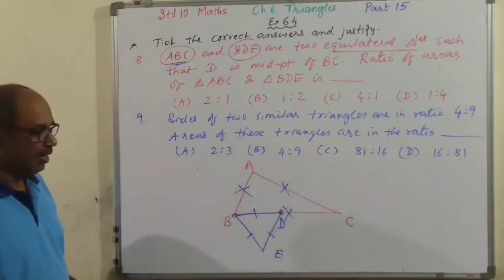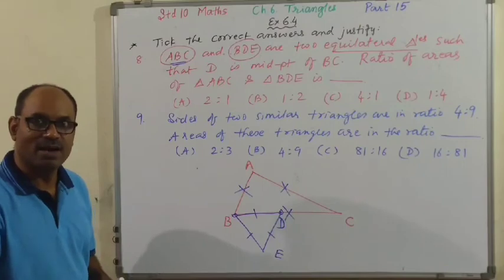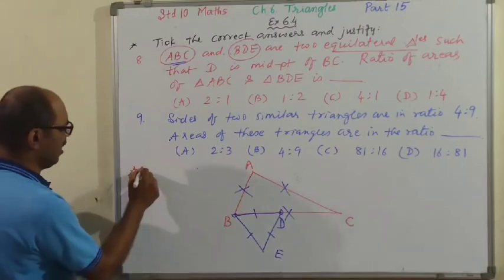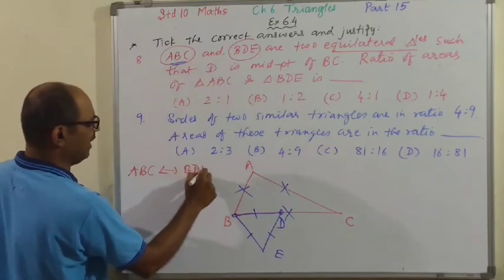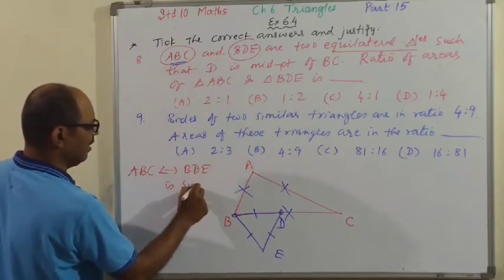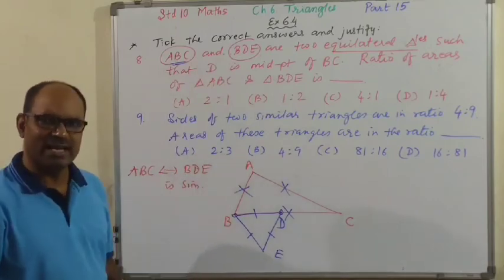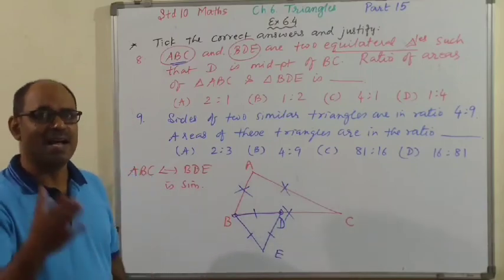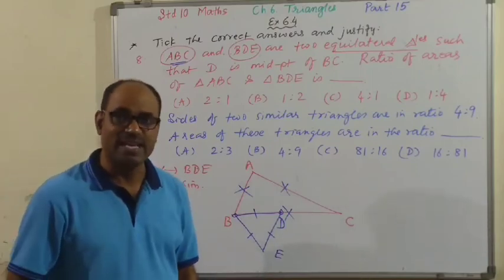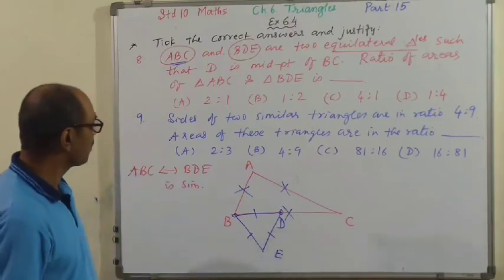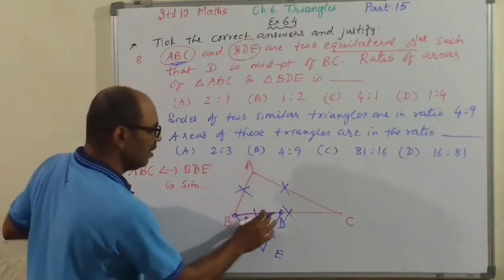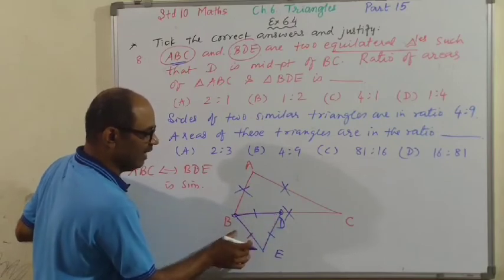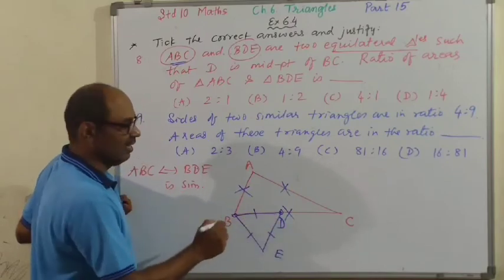Correct? Okay. And these two triangles are similar. Any correspondence, ABC corresponds to BDE, is similarity. Why? Because the two triangles are equilateral. Alright? By SSS. We have seen in one of the examples. Okay. Children, now be careful. BD, BE and ED are equal.